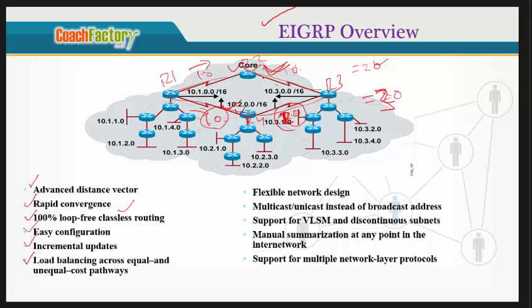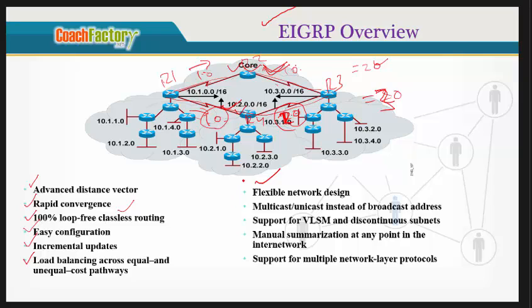So it means what? Even though the link has a higher cost compared to this one, we can also do what? Unequal cost load balancing in EIGRP. So for every unique feature, we have a separate slide to discuss it. This is just an overview of EIGRP features.